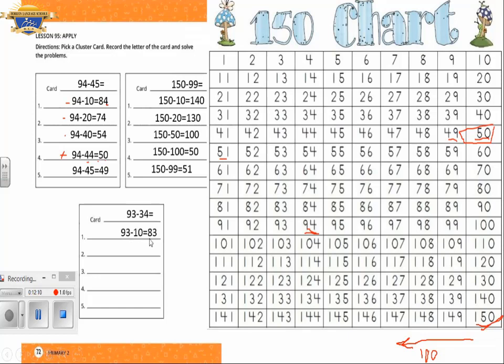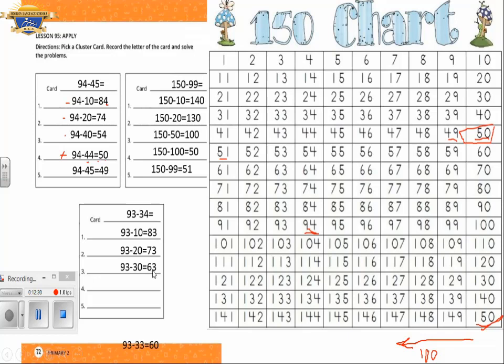The second one, 93 minus 20 becomes 73. Okay, 93 minus 30 becomes 63.